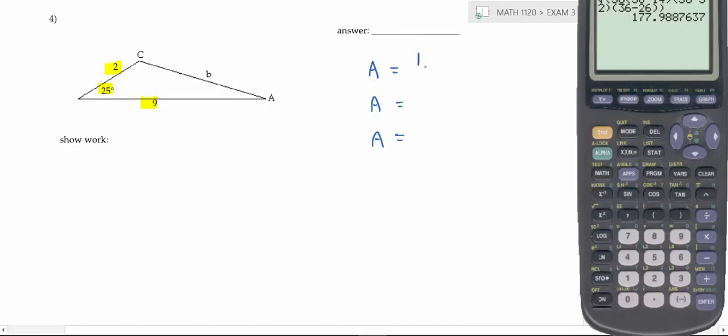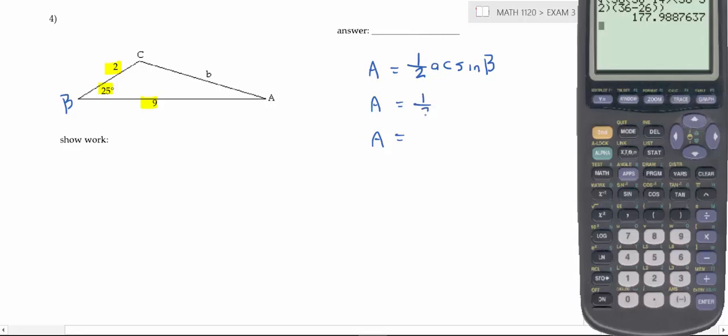One form is, if you take this angle that you're given, notice this is angle B here. So one of the forms is 1/2 times A times C times the sine of B. Then there are other forms.